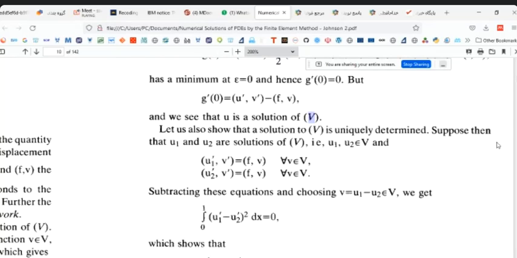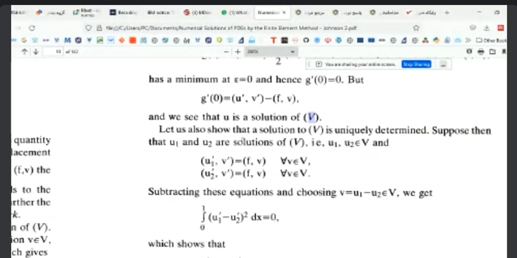Suppose that U1 and U2, in order to show the uniqueness, we just assume that we have two different solutions of V called U1 and U2.